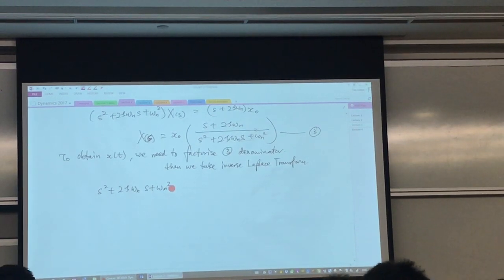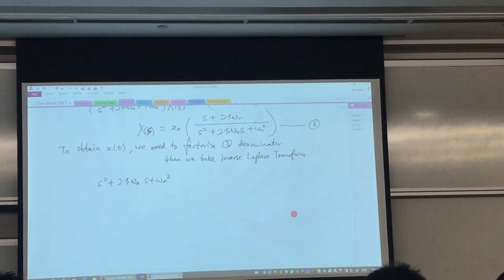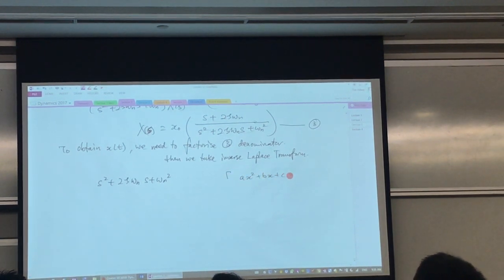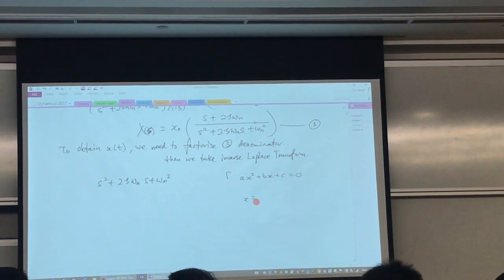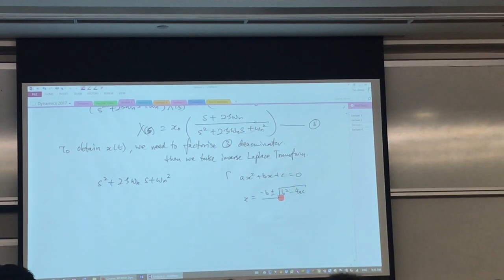do you remember that there is that roots formula? For a x squared plus b x plus c equal to 0, if you need to find x, there is this roots formula: minus b plus minus square root of b squared minus 4ac, divided by 2a.